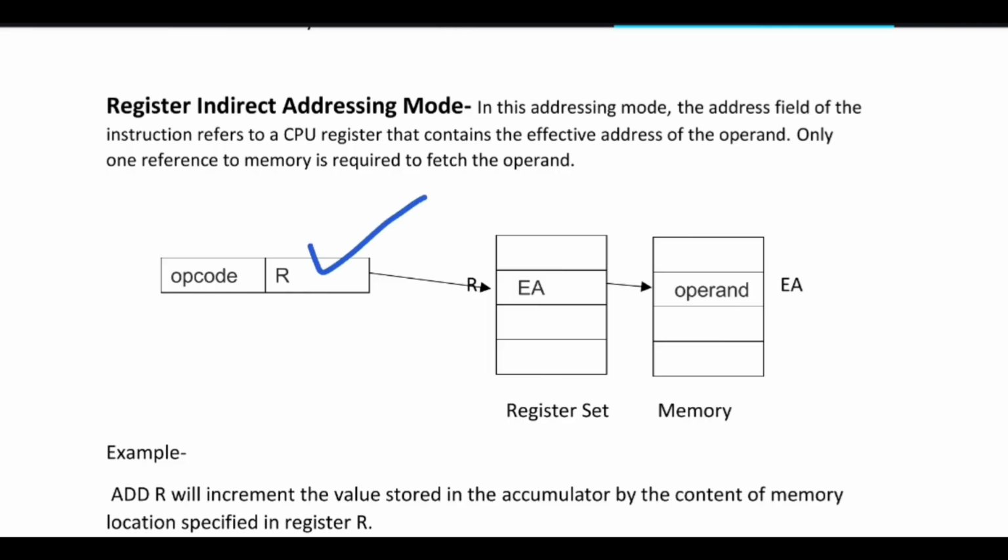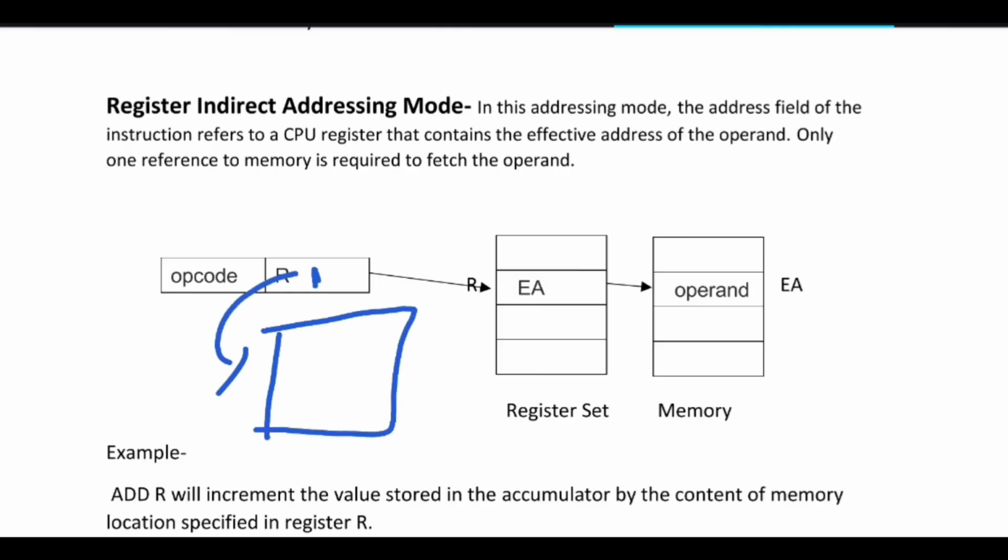This is our instruction format. This is the operand, this is the opcode. Okay, let's make it clear and let's write register R1. Then we move to register R1. Then from here we get the 100 memory location.